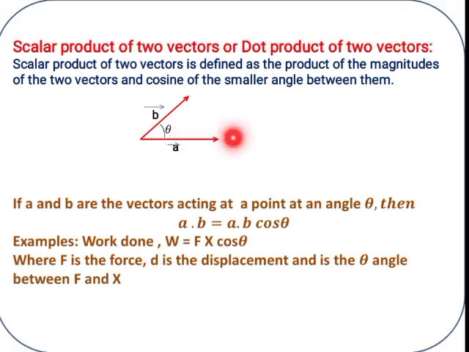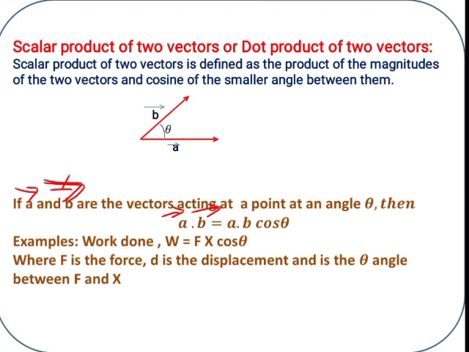This is a vector A and this is another vector B. Between these two, whatever angle we mention is theta. Vector symbol we have to show with the arrow.